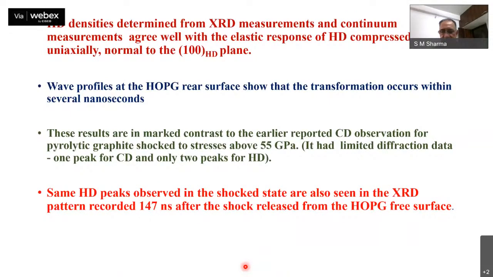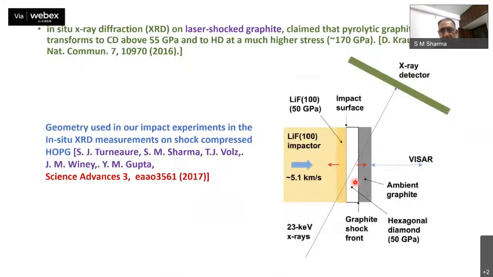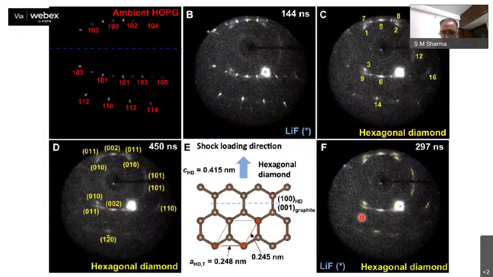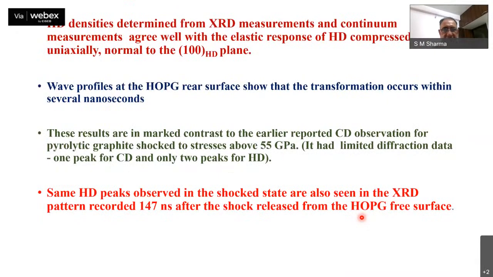Recall, I mentioned that the VISAR wave profiles are being measured here, with a lithium fluoride window. So from there, one can get profile measurements, continuum measurements. They actually match very well with some other earlier experimental results, specifically for oriented graphites.